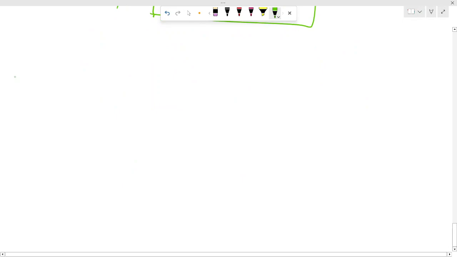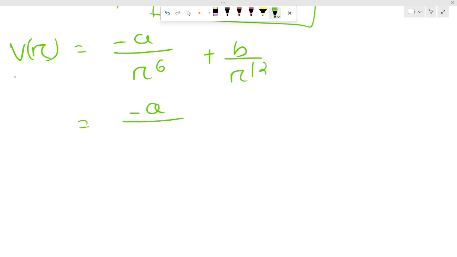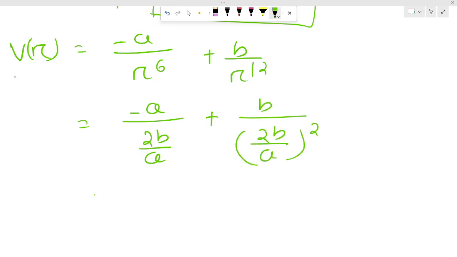Our aim is to find out the potential. Okay, so V(r) will become how much? V(r) is a by r to the power 6 plus b by r to the power 12. So put the value of r here. So you can get minus a upon 2b by a plus b upon (2b by a) squared, isn't it?